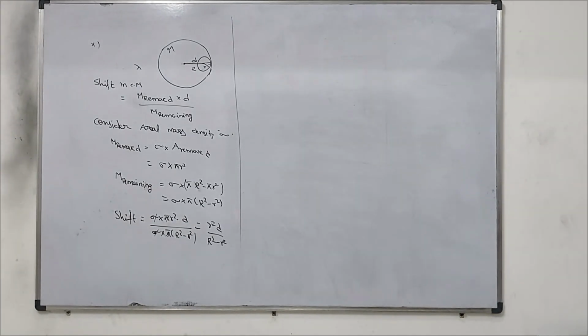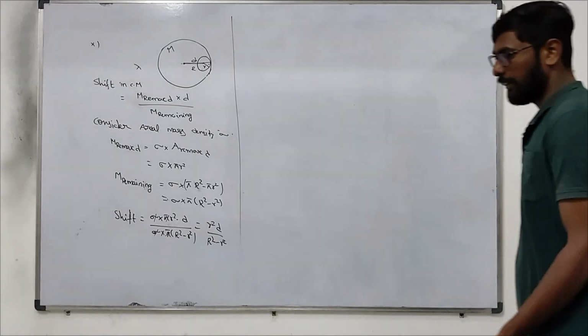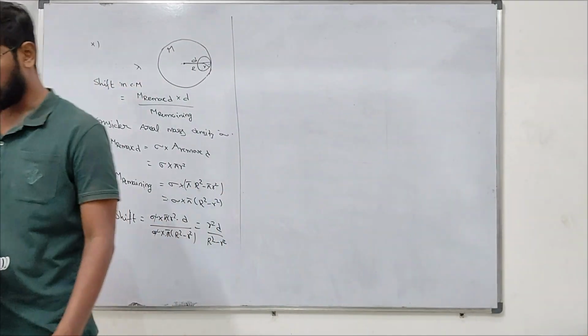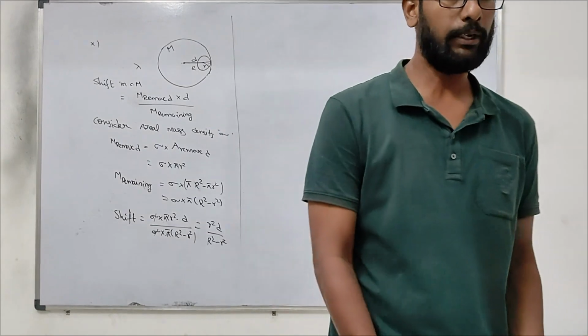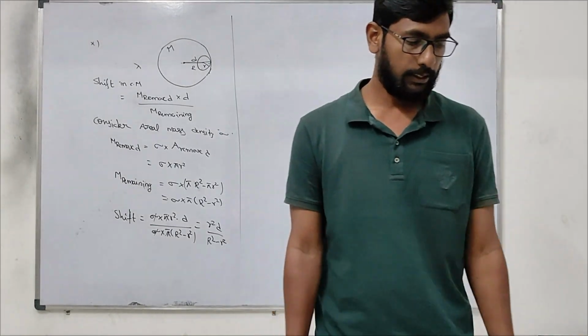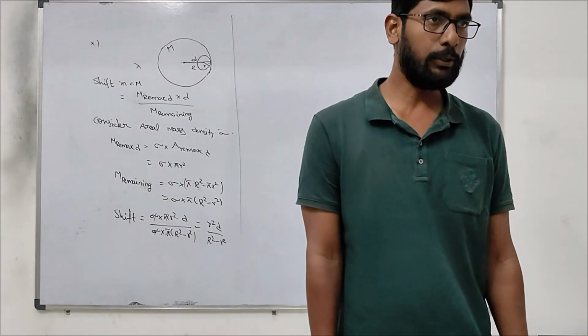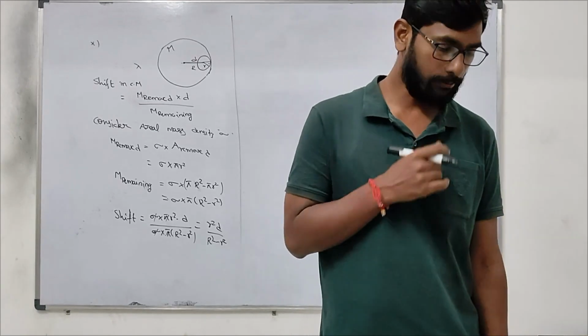They are given for a uniform rod of length L, it will be L by 2 from one of the ends. Then a uniform semicircular ring will be 2r by pi from the center.